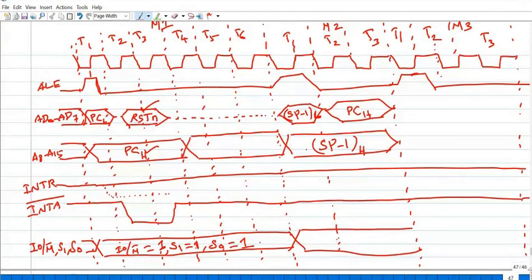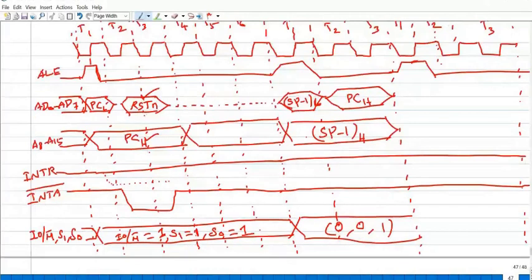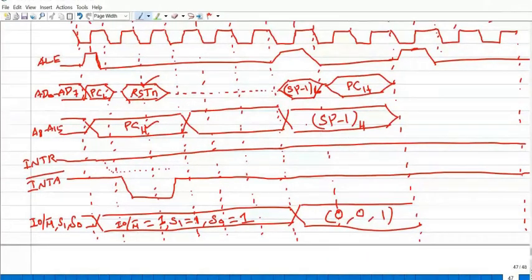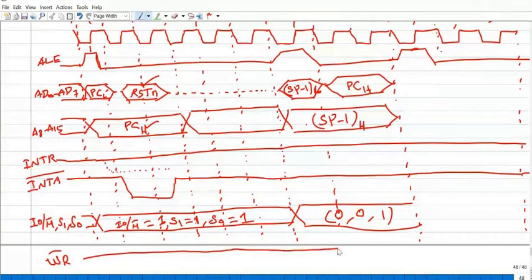So your IO/M bar must be 0, S1 0, S0 1. Write operation means you have to enable the control signal, that is the write bar signal, during T2 to T3, because it is a memory write operation.